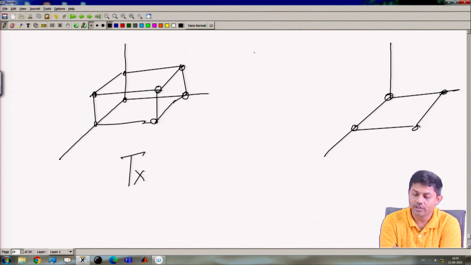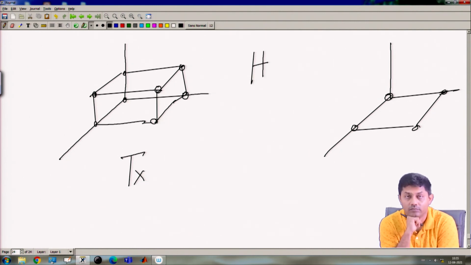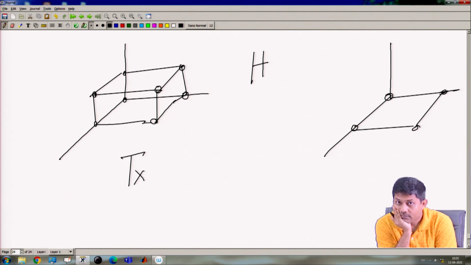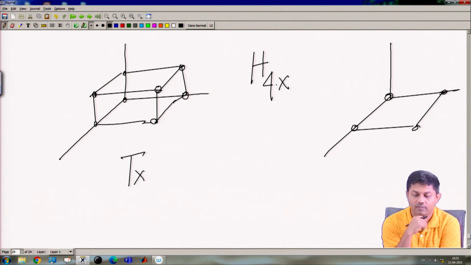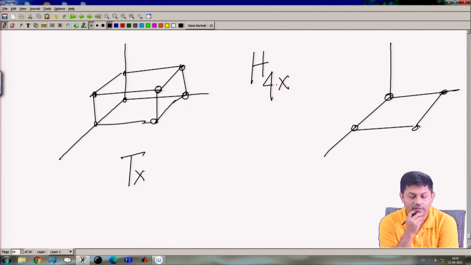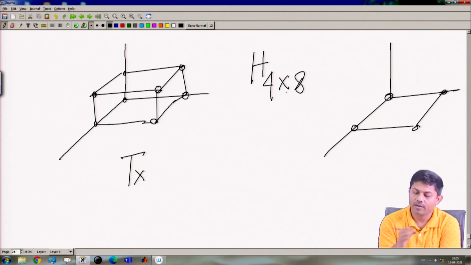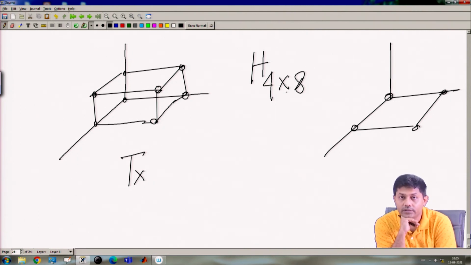Can I construct my channel? Yes. So, what is the dimension of the channel first of all? It is just a matrix. So, let us say there is only one reflector. Okay. So, what is the dimension of this matrix? It is NR cross NT. So, how many NR antennas are there? 4. How many Tx antennas are there? 8. So, you will have to construct a 4 cross 8 matrix.